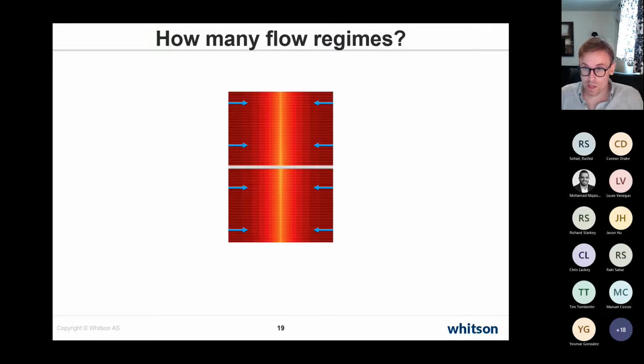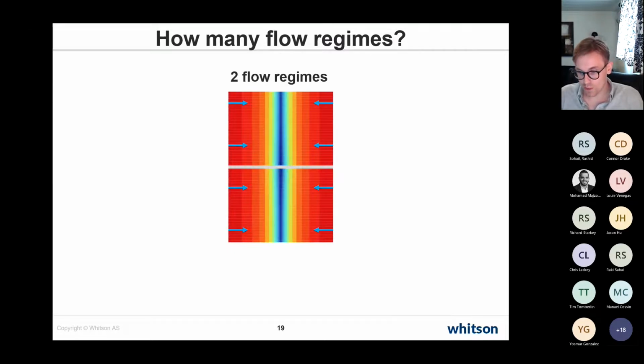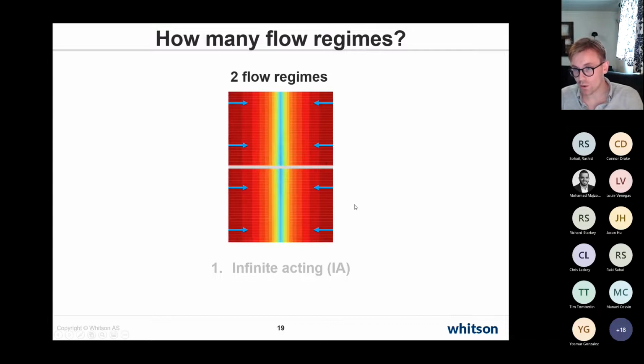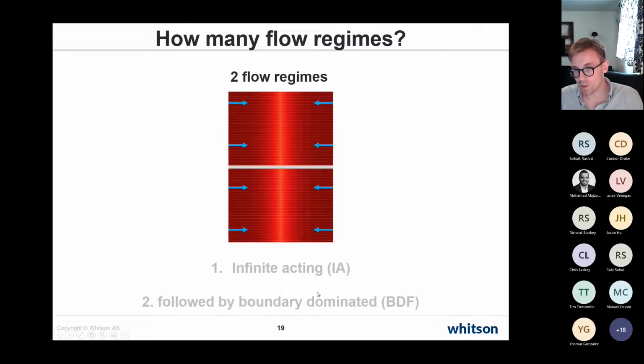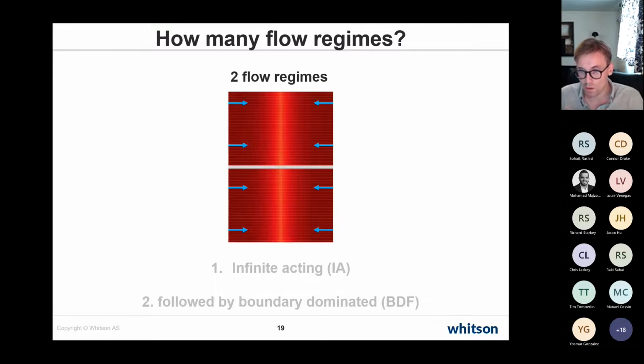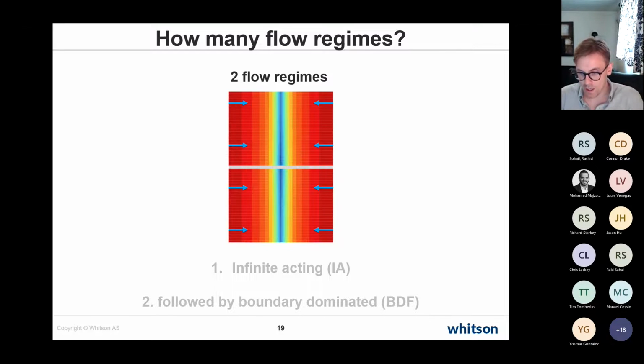In terms of flow regimes, however, for this model, we can only observe 2 flow regimes. The first is infinite acting flow regime, which you'll observe until you actually feel or observe these boundary effects at the side here. And then it will be followed by boundary dominated flow. So in this case, for this very simplistic model, there will be no transitional flow regime itself, because you see all the boundaries at the exact same point in time.